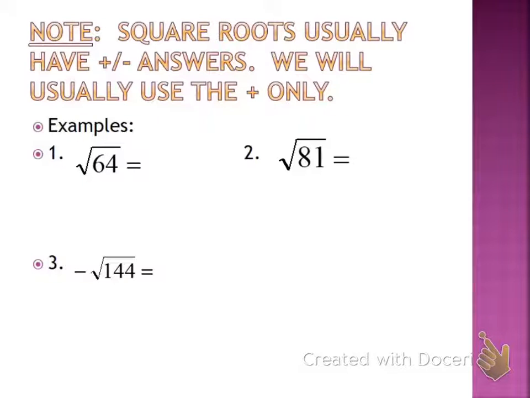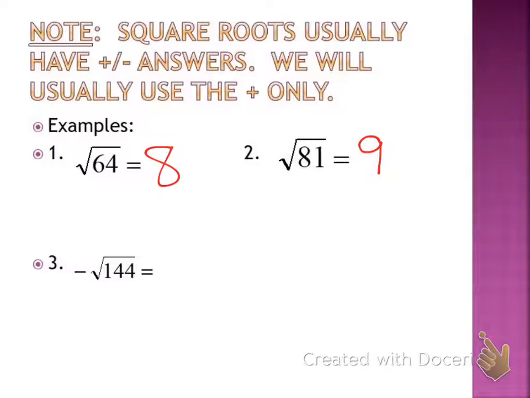Who can raise their hand and tell me what the square root of 64 is? Cade. 8. The square root of 64 is 8. Again, we are just focusing on the positive answer unless they tell us otherwise. Number 2, who can raise their hand and tell me the square root of 81? Honesty. 9.